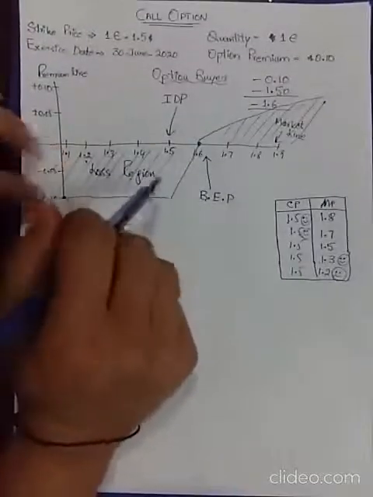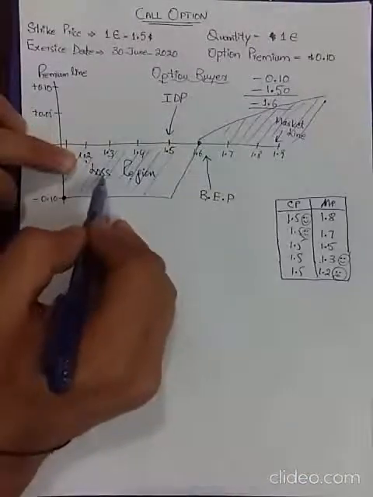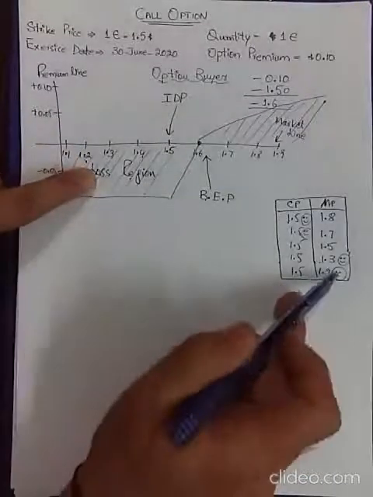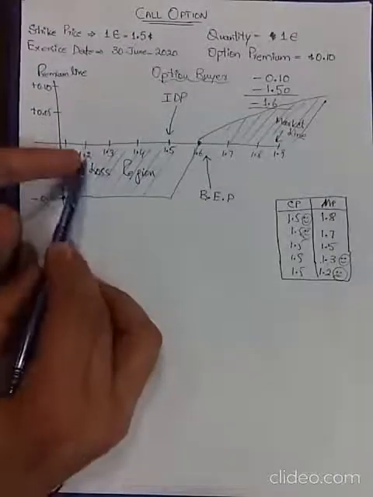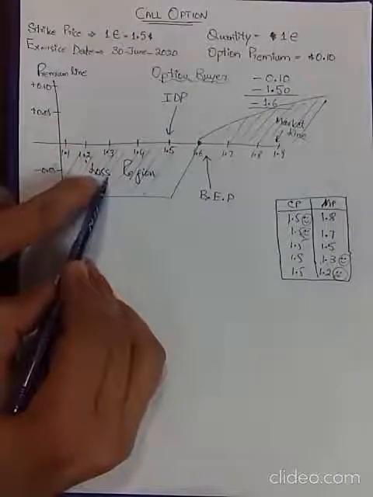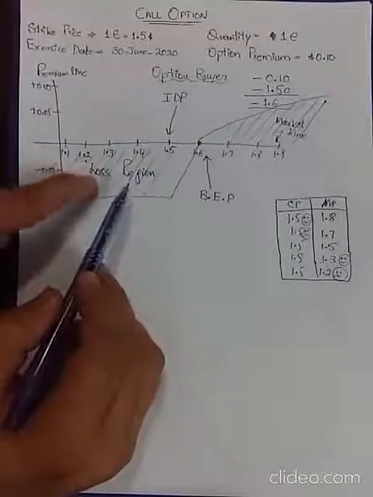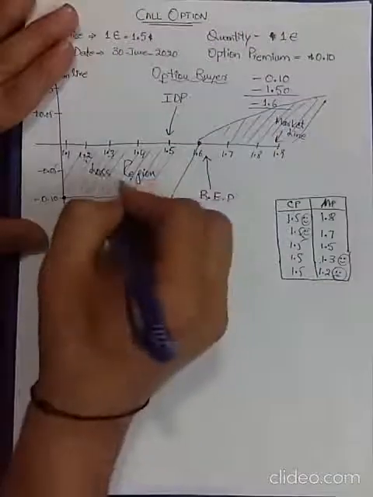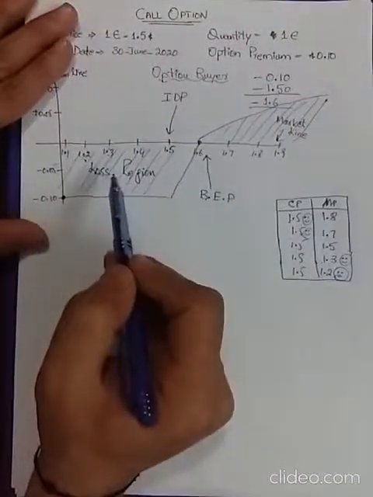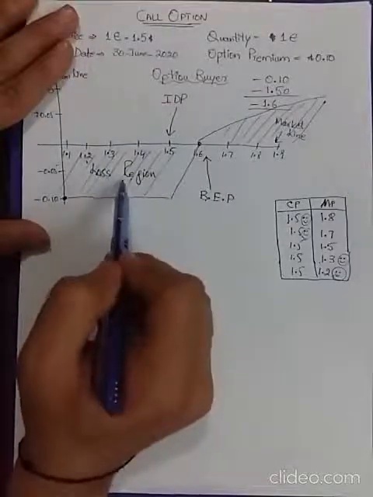So don't get confused: 1.2 is good, so why are you writing loss here? Loss is not because of the market price. When the price is 1.2 in the market, if I use the contract, it will be a loss for me. So a wiser decision would be not to use the contract and go and buy from the market. You can also call that not in the money or out of the money, or option not exercisable.